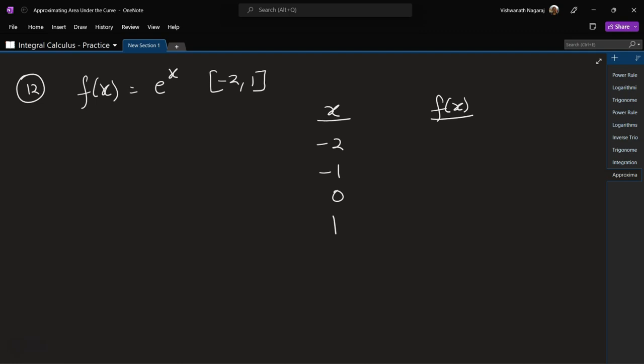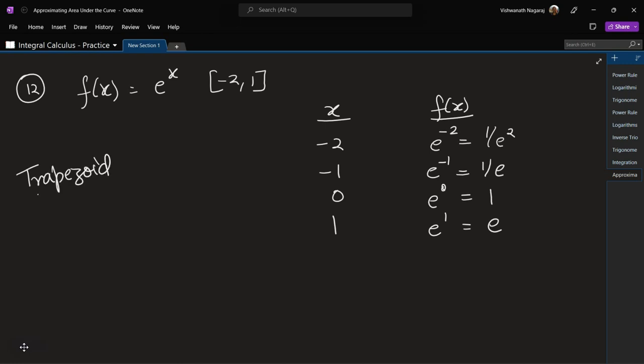If it is -2, we get e to the power of -2, which is equal to 1 by e to the power of 2. If it is -1, this is equal to 1 by e. If it is 0, it is e to the power of 0, which is 1. And if it is 1, e to the power of 1, do not take the value of e itself. Let it be e, and as the last step, we might decide to actually substitute the value.